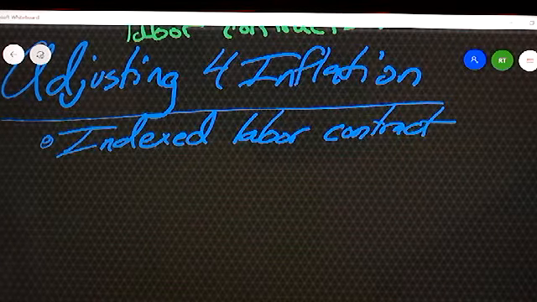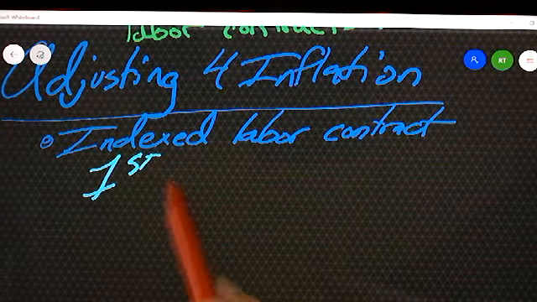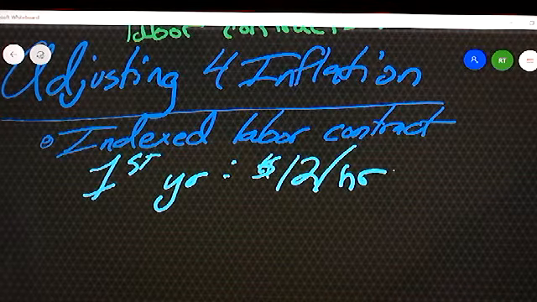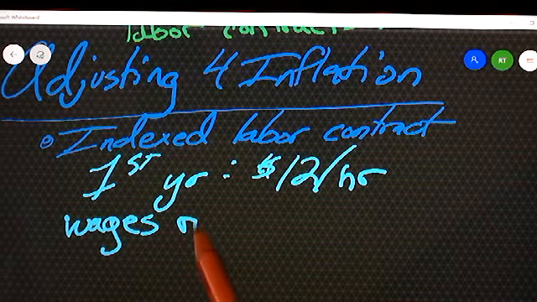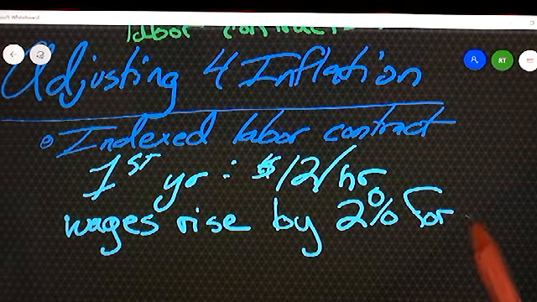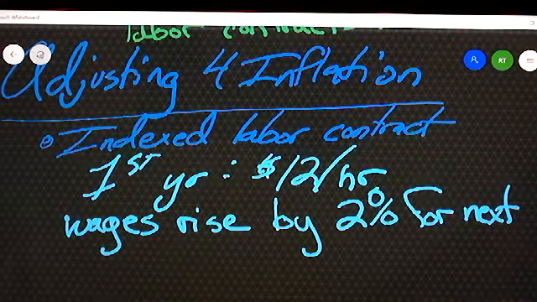It tells us that the first year we're going to get $12 an hour, and then the wages rise by 2% for the next 2 years.